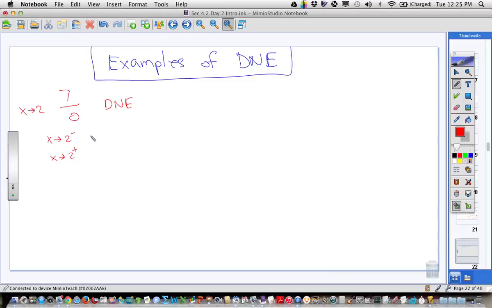Usually what happens in that situation is maybe you get infinity for one of those and negative infinity for the other, and that's what you'd have to have for your answer. So as x approaches 2, you plug a 2 in, you get 7 divided by 0. Right away you know that means does not exist. It's a vertical asymptote situation, so we want to check the left and the right, see what's happening.